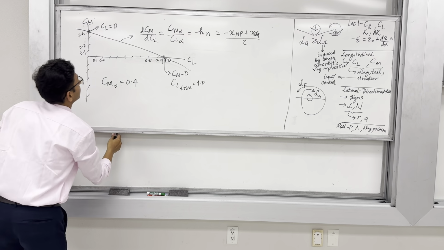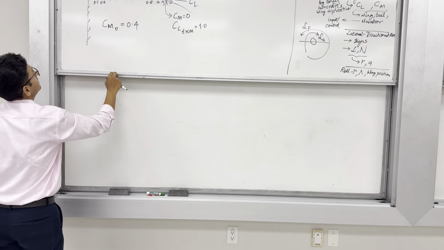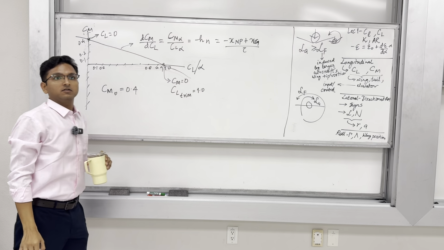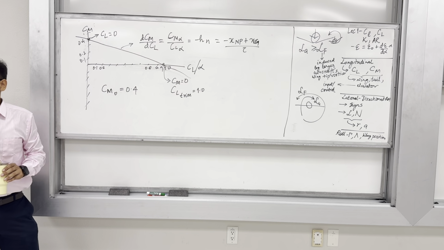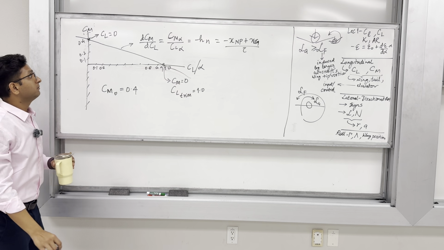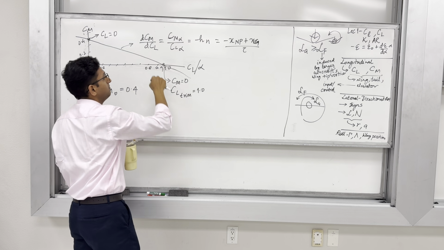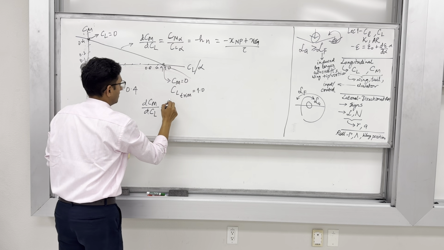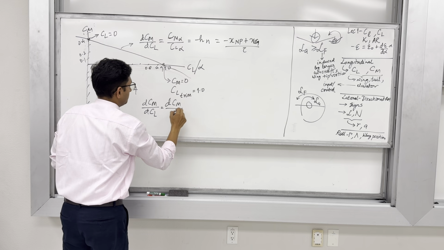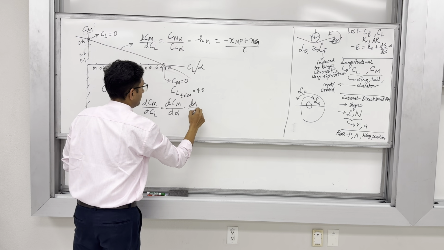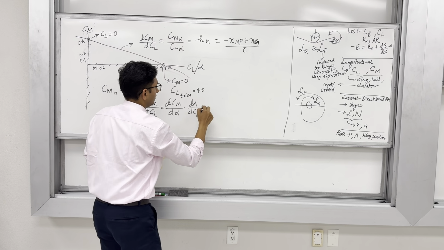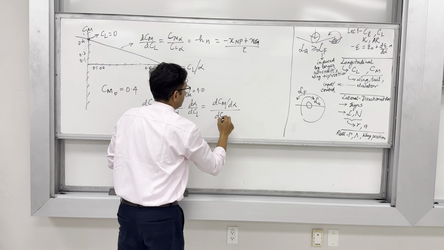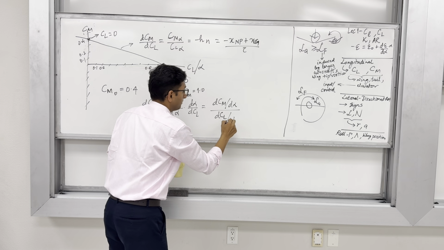Similarly, the same thing could have been done if alpha were given. It is not going to be much different, to be honest. Why? Because look at this, I can write dCm by dCl as dCm by d alpha times d alpha by dCl, which I can invert to write dCm by d alpha divided by dCl by d alpha, right.